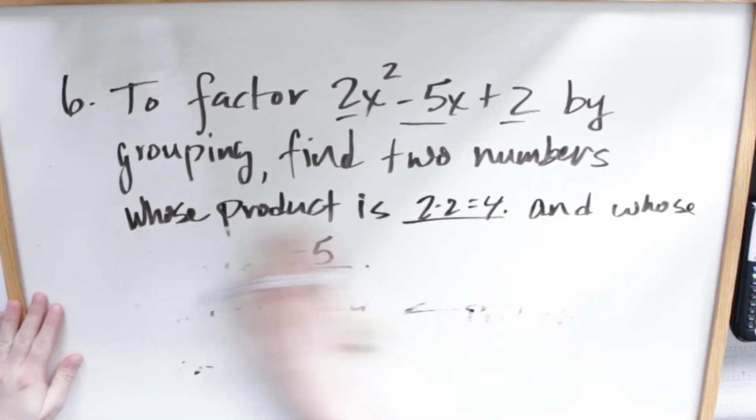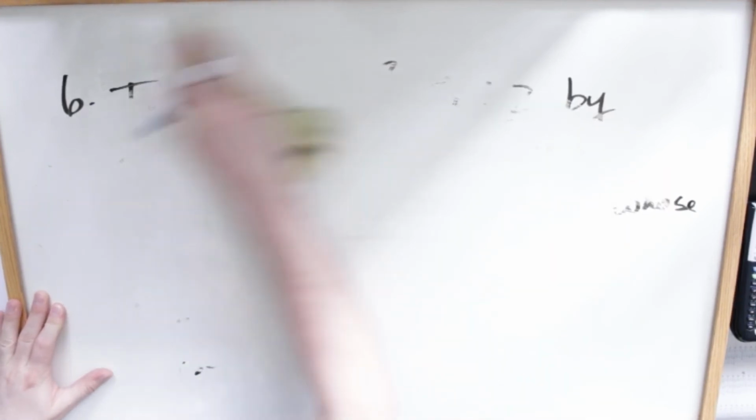Now let's go ahead and keep moving on. We'll go through a few examples. Now listen, and I want to make this clear too. I don't expect everybody to get this on the first try. This is some pretty complicated stuff for elementary algebra. So just keep working at it.